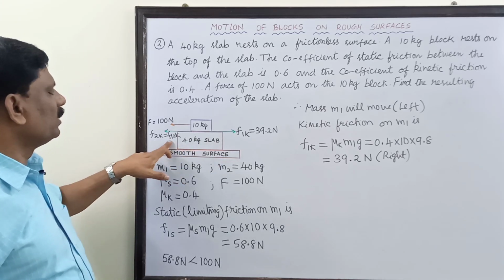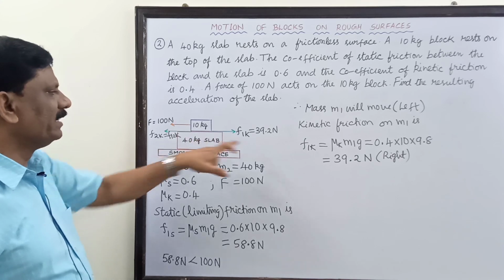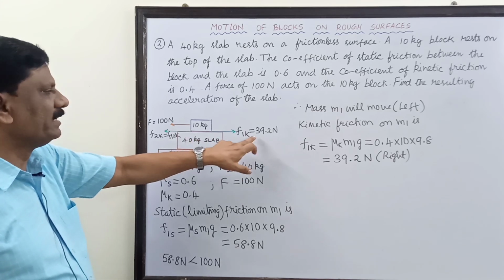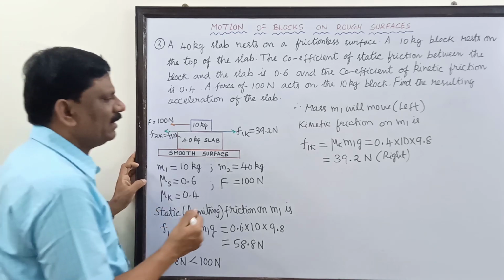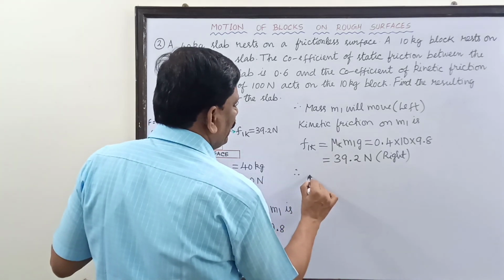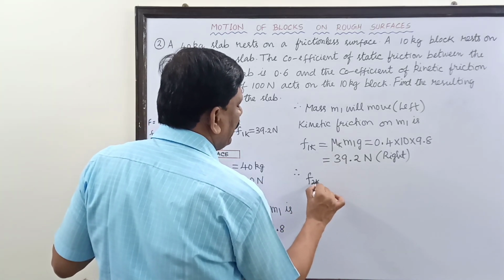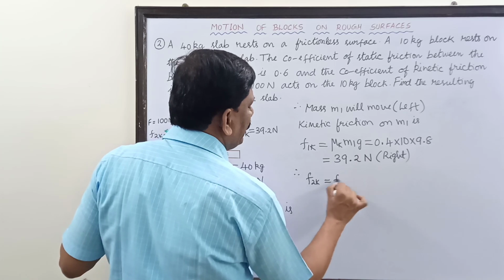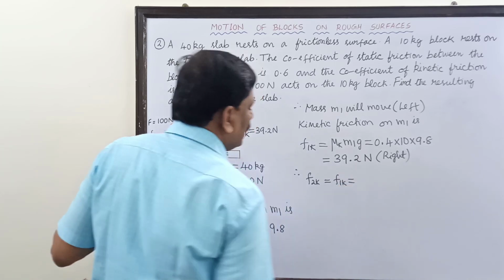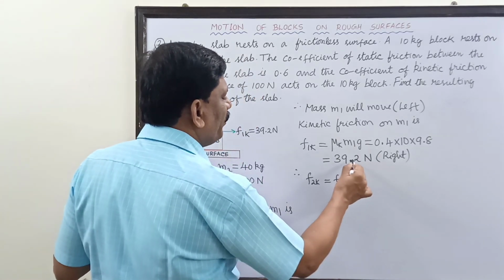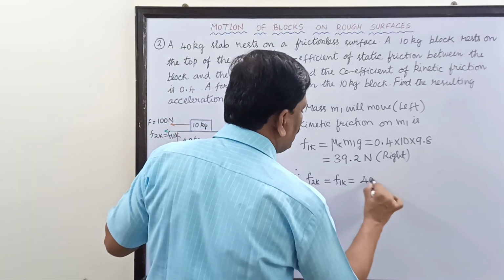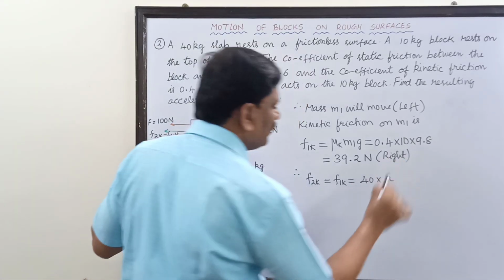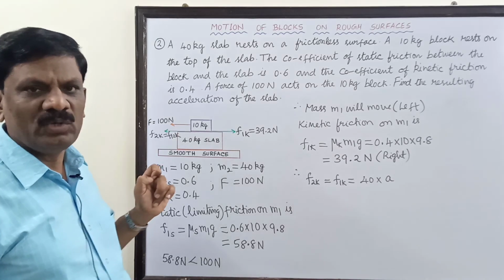F2K is equal to F1K, which is 39.2, acting along the left hand side. Therefore F2K, which is also equal to F1K, equal to 39.2, is equal to 40 into the acceleration of the slab, m into a.